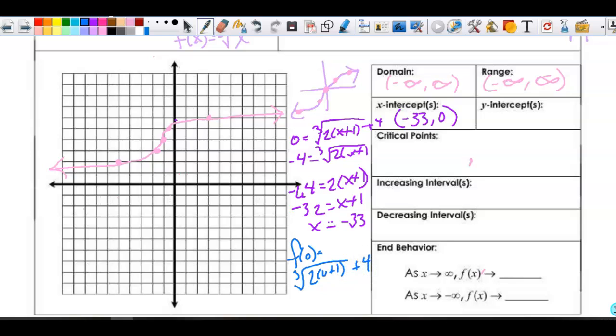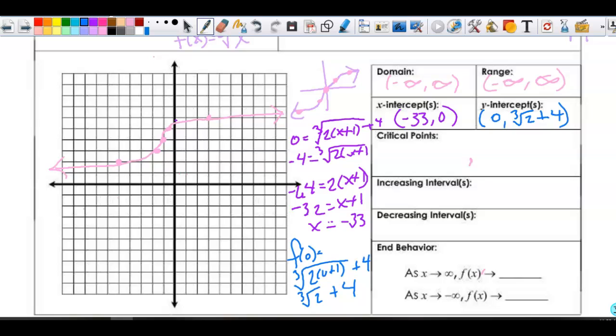And so 0 plus 1 is 1, times 2 is 2, so I get the cube root of 2, plus 4. Okay, so that means my y-intercept is (0, cube root of 2 plus 4).